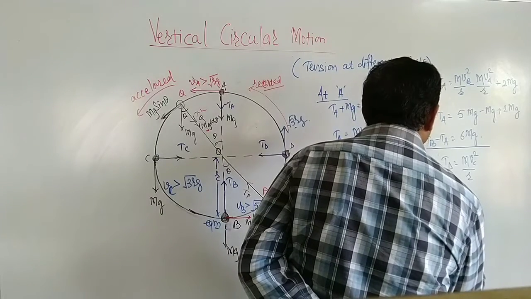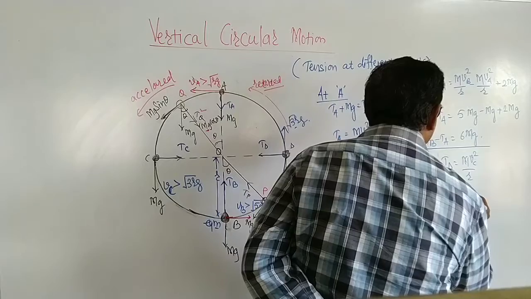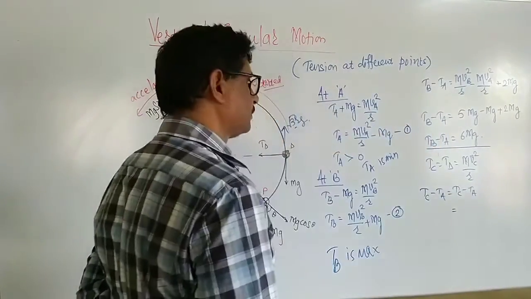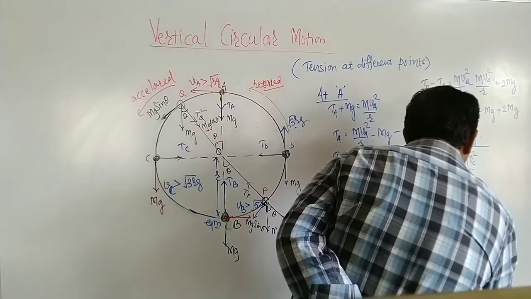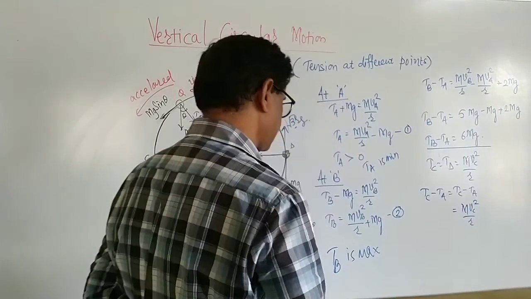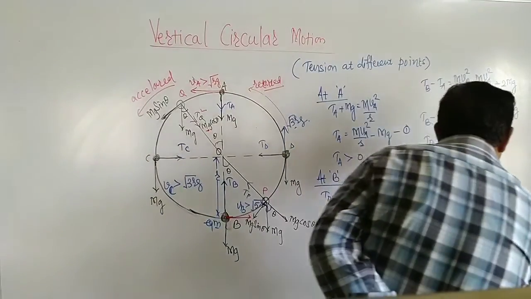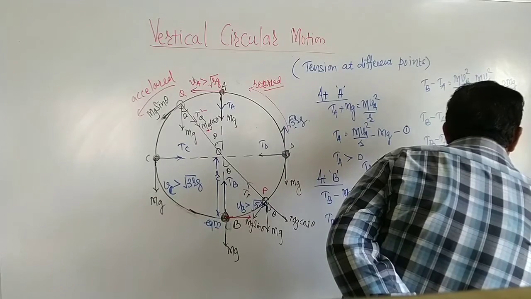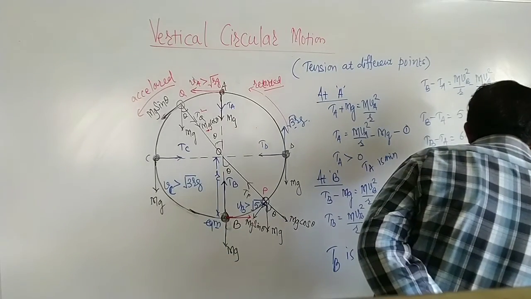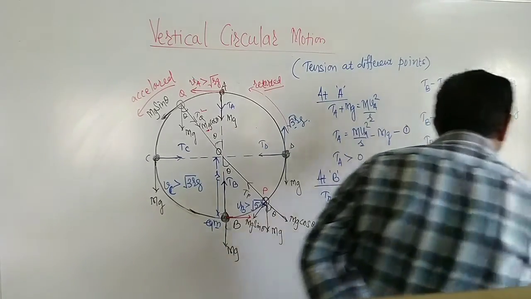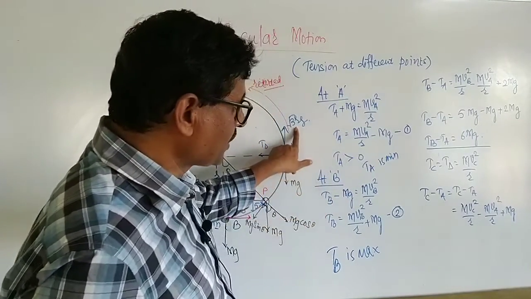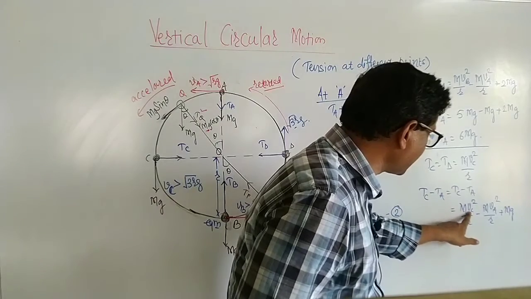Therefore, tension at C minus tension at A is equal to m vc square divided by r minus m va square by r, and the minus of minus will come as plus mg. But vc is root of 3rg, so vc square is 3rg.